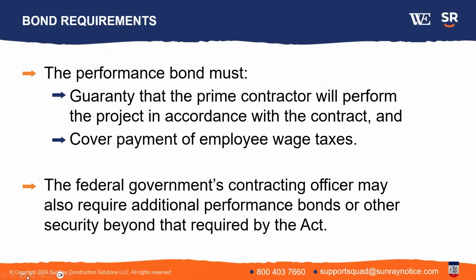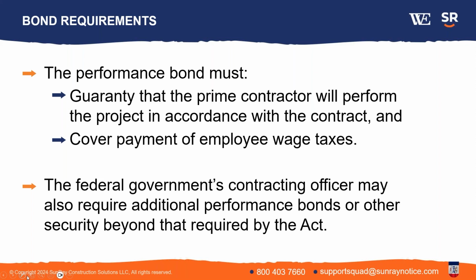On the performance bond, what it must do according to the statute is guarantee that the prime contractor will perform the project per the contract. That's the main thing it does. It protects the government to make sure that the contract's going to get performed. And second, it covers payment of employee wage taxes. So those are the two main things. Now, there is a caveat.